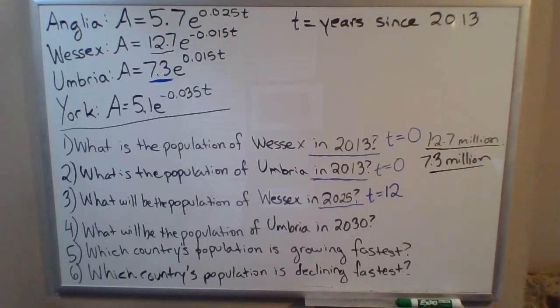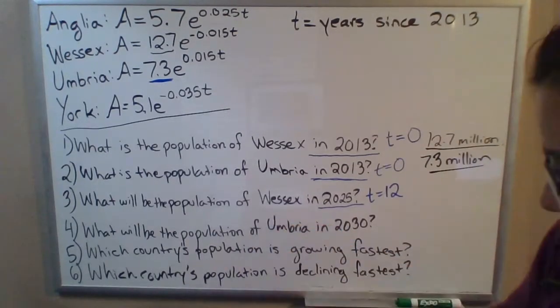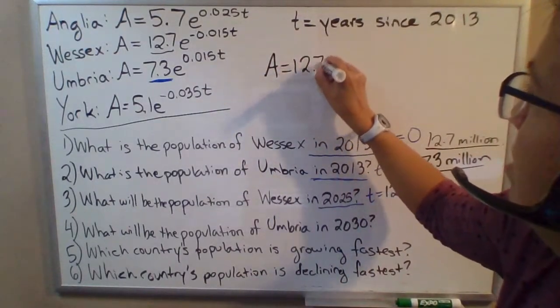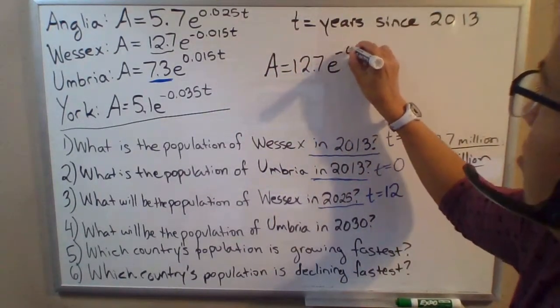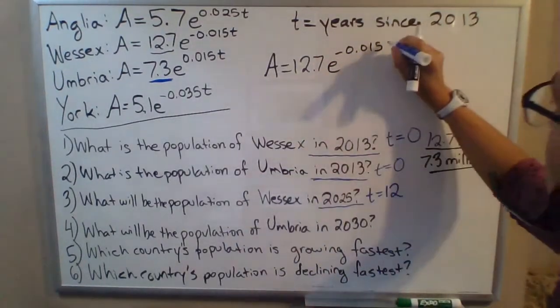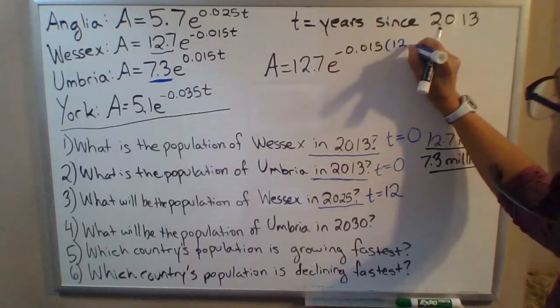If we add 12, we get 2025. So we should take the population model for Wessex, A equals 12.7 times e to the negative 0.015 times t. So now we're going to plug in 12 for t.